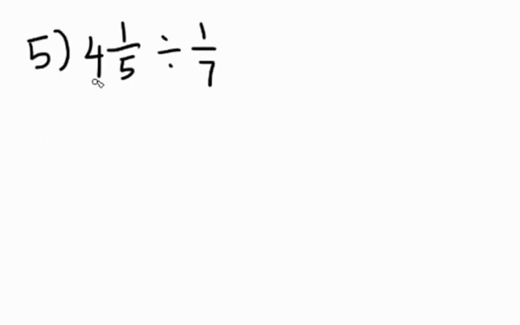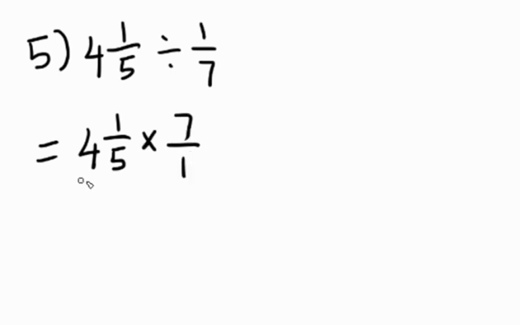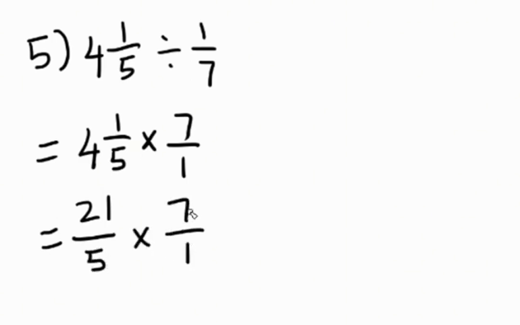Question 5. 4 and 1 over 5 divided by 1 over 7. So first, we will flip the second fraction, which gives 4 and 1 over 5 multiplied by 7 over 1. And now we will need to convert this mixed fraction to an improper fraction. So 4 times 5 would equal 20 plus 1, which is 21, over 5 times 7 over 1.